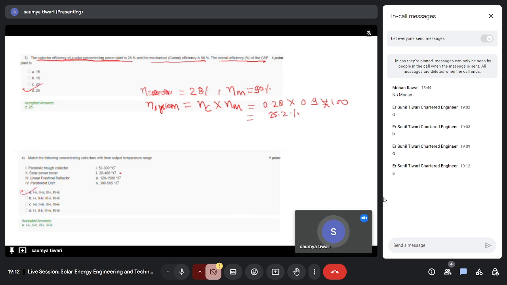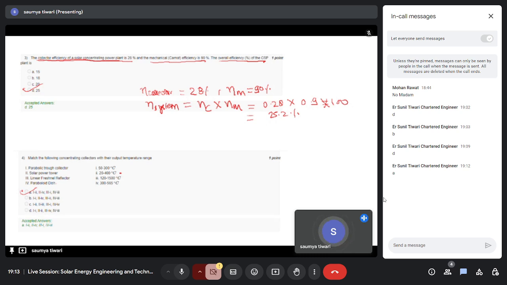For the parabolic trough collector, the concentration ratio was around 15 to 45, right? For the solar power tower we have a higher operating or output temperature. In the linear Fresnel lens we have less, and the parabolic dish also has a very high temperature.